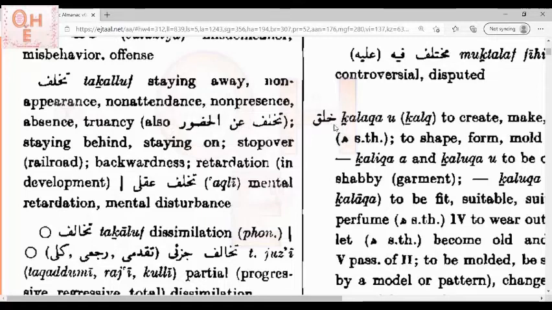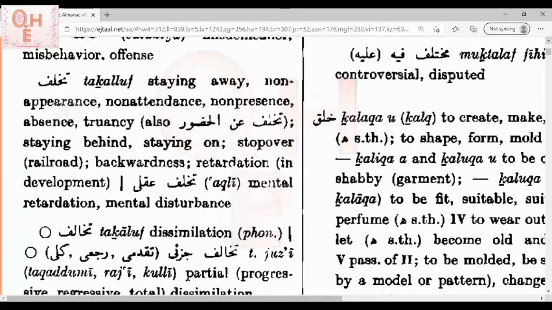As we saw in the six types chart, what is the basic structure? Ya fatha, kha sukun, lam dhamma, qaf dhamma. Yakhluqu. Okay. Khalaqa, yakhluqu. And the base meaning is to create.